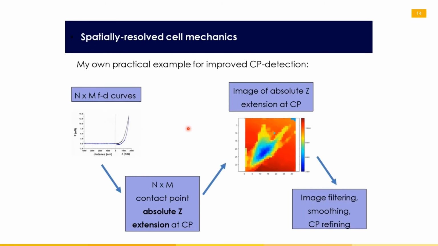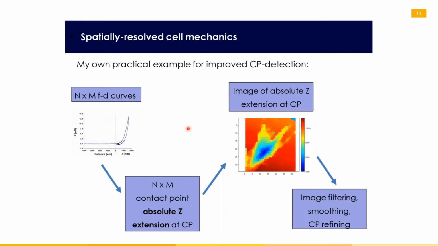So often they are dealing with a 2D grid of 1D signals. And what they will get is several force displacement curves, from where they will get the contact points in Z direction.